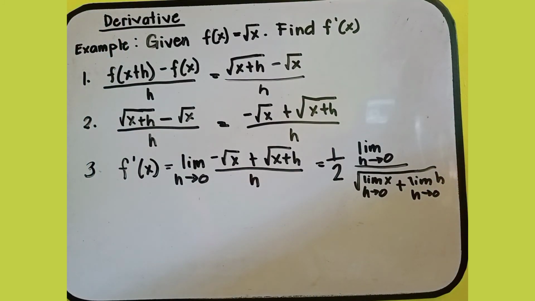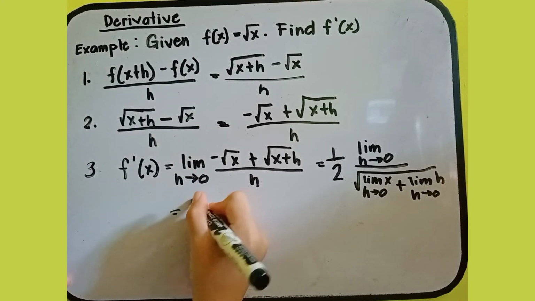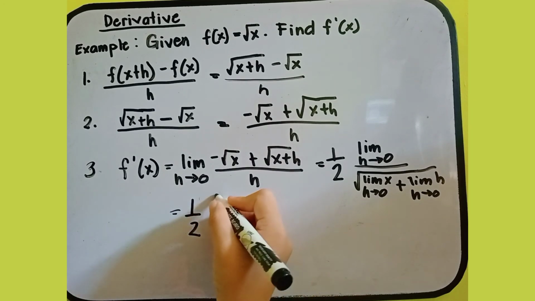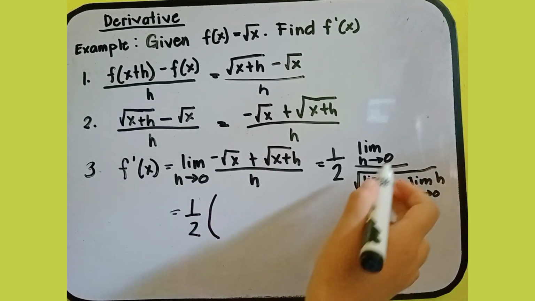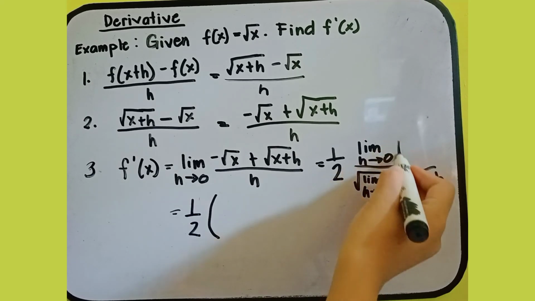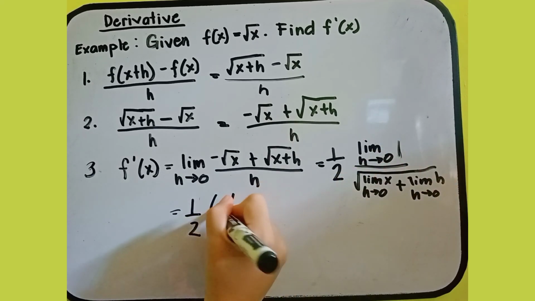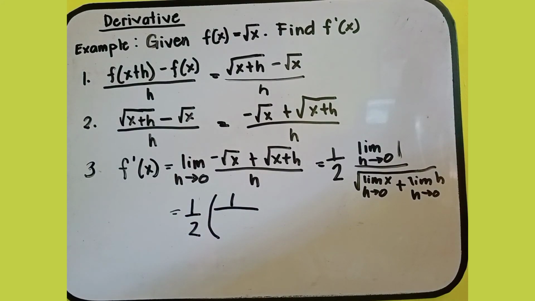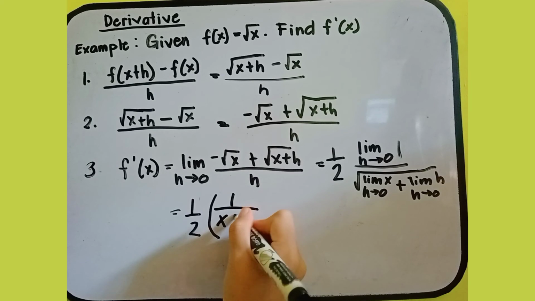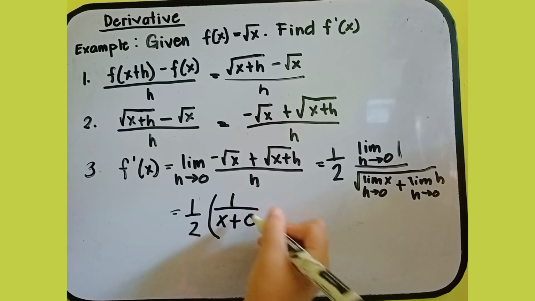Now we are ready to substitute the value of h into our equation. So we have 1/2 multiplied by, here it's automatic that the value is 1, so 1 over square root of x plus 0.